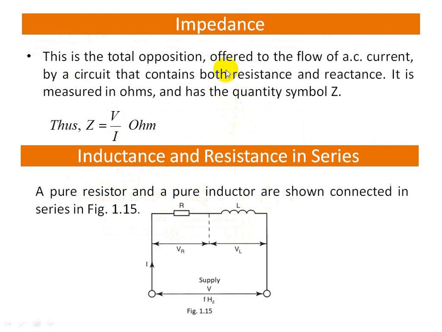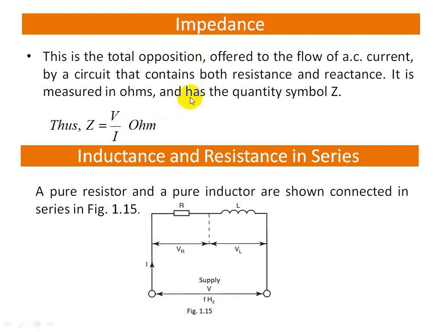Next, when we move on to RLC circuits, we'll find the combination of resistance and inductive reactance, resistance and capacitive reactance, or resistance, inductive reactance, and capacitive reactance in these circuits.